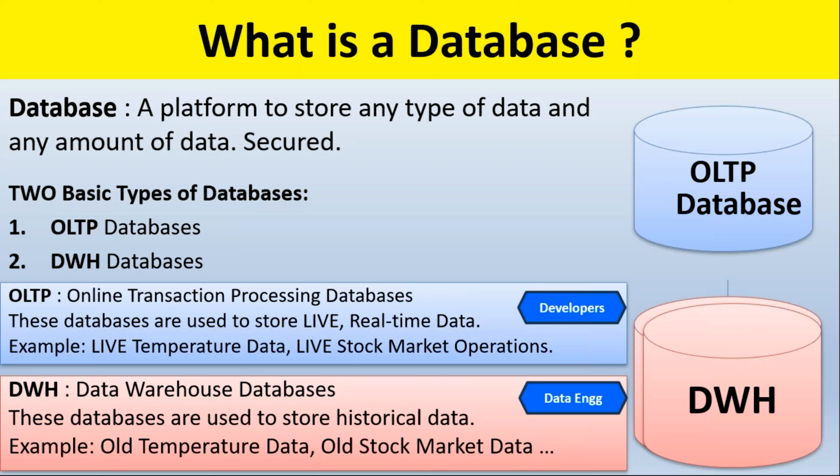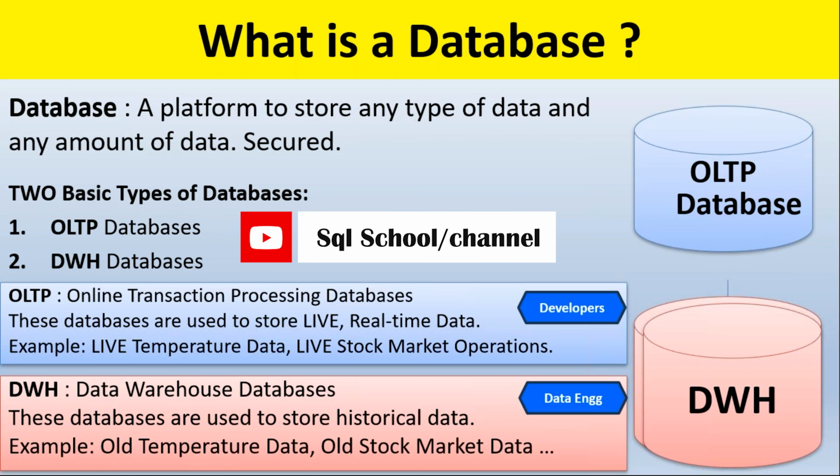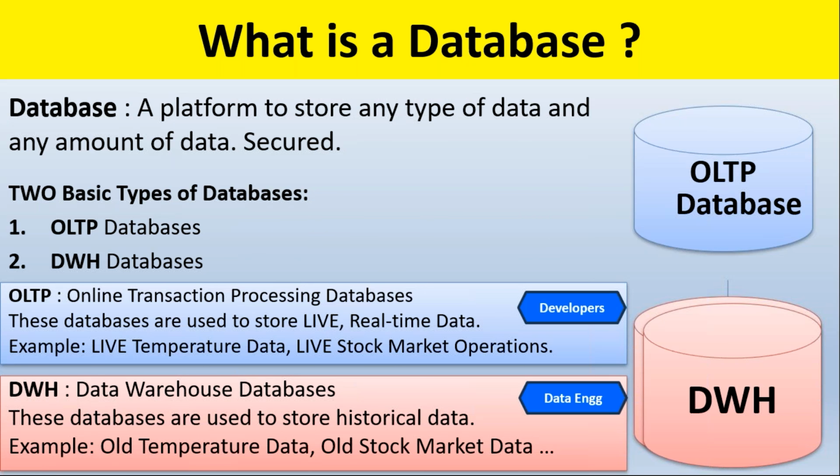What is data engineering? Before that, what is a database? A platform to store any type of data, any amount of data, no exceptions, no restrictions, fully secure. And we have two types of databases: OLTP, online transaction processing databases.